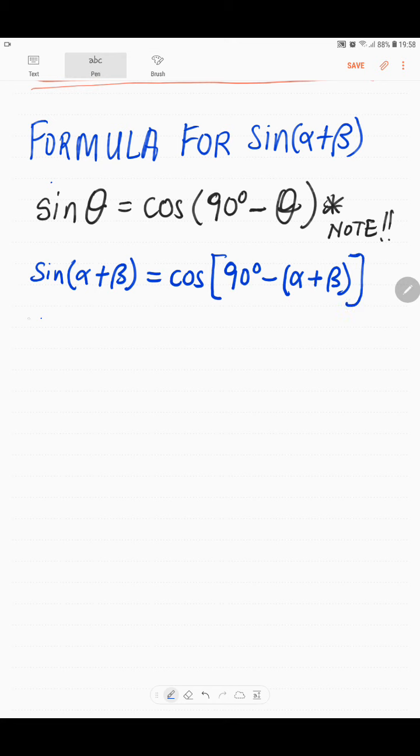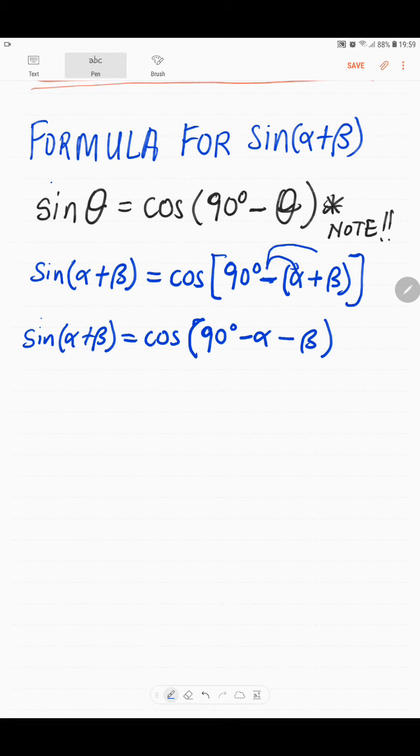And so from here, the next step would be sine alpha plus beta is equal to cos 90 minus alpha minus beta, because we have distributed this negative sign into the alpha as well as the beta respectively. But now this brings in the idea of three terms or elements, which would be bringing us problems.